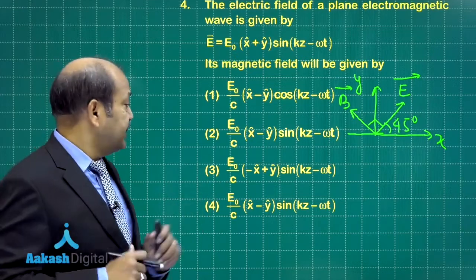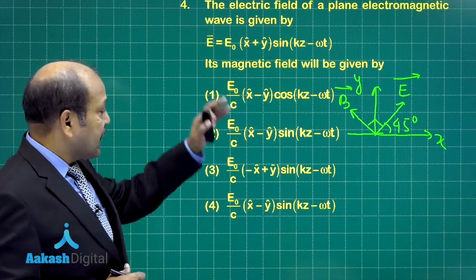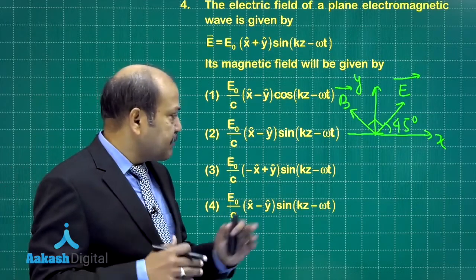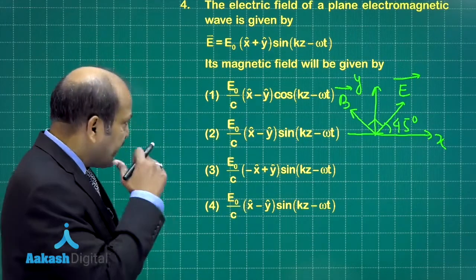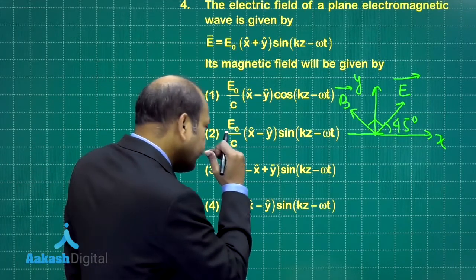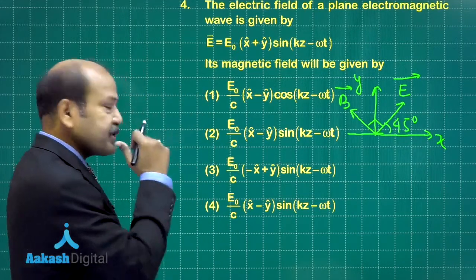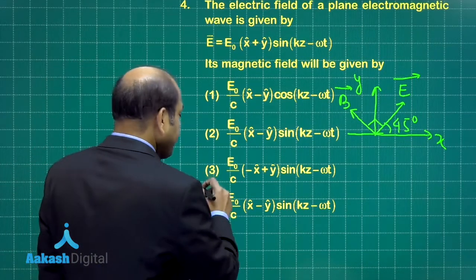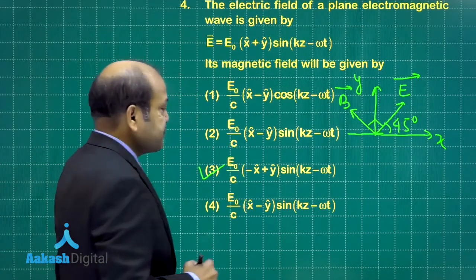I hope that is clear. And if we look at the options, we have E naught by c (minus x cap plus y cap) sine (kz minus omega t) as the expression for the oscillation of the magnetic field. So option 3 is the correct option.